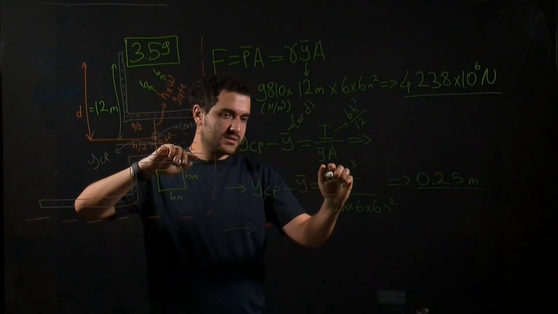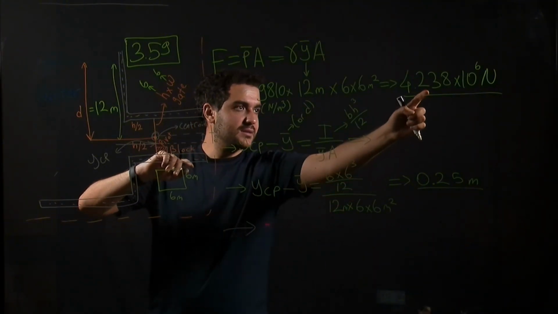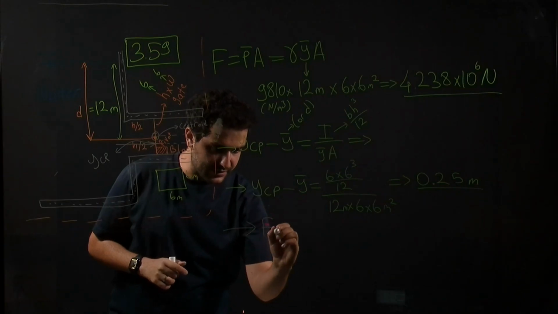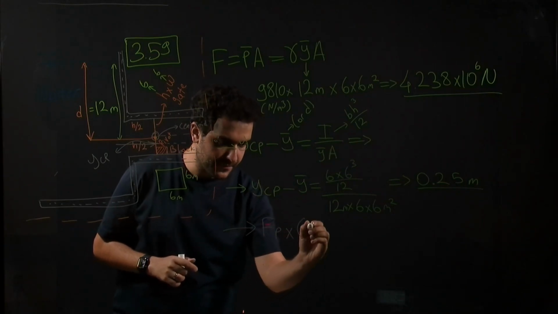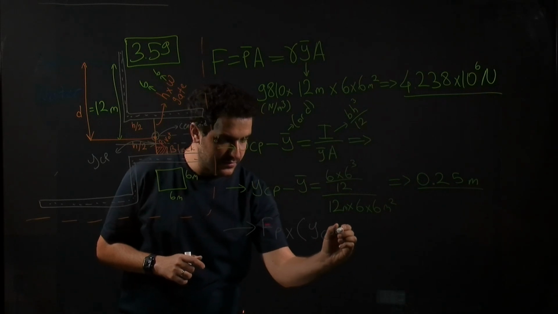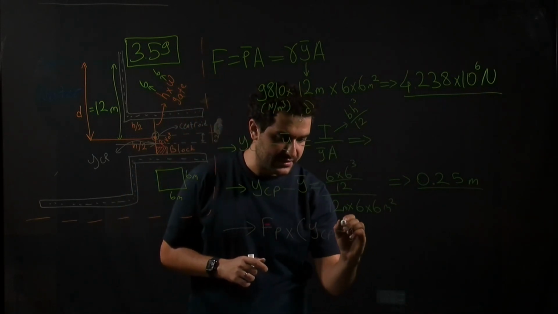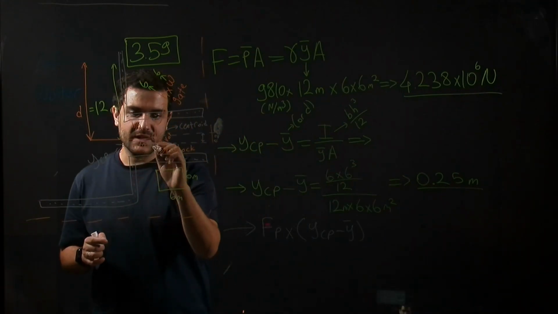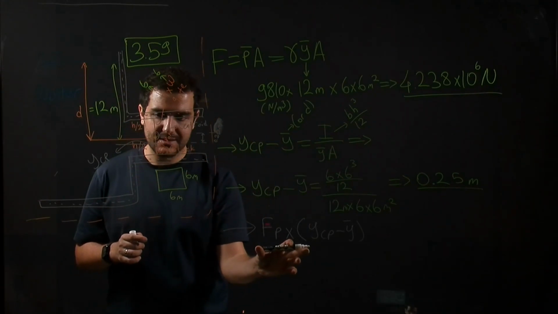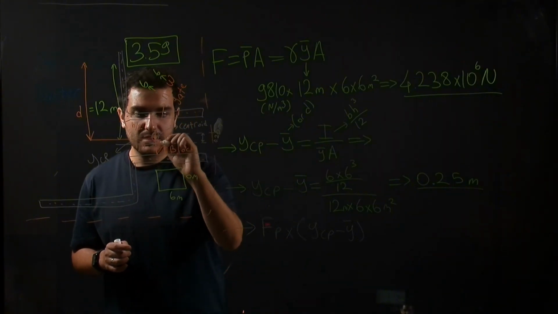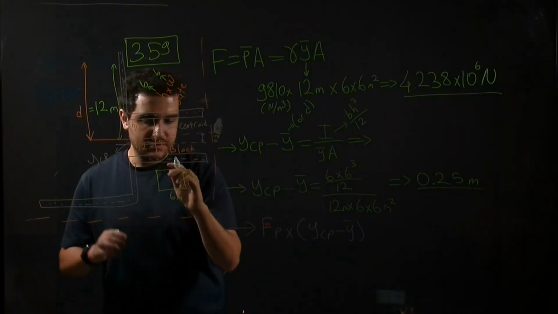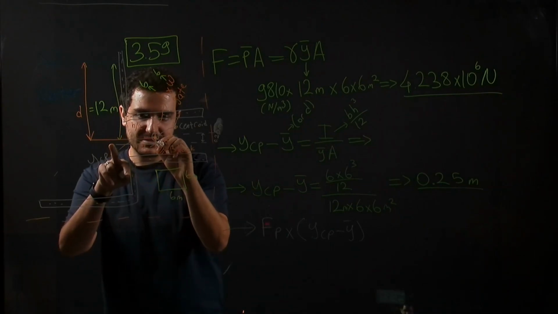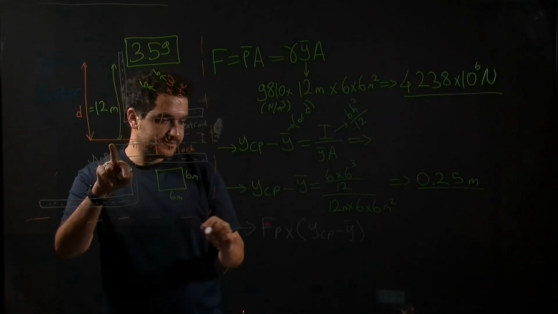So let's start with the force. The force was calculated as this value. So F hydrostatic pressure times center of pressure minus y bar. So this means that we are calculating the moment of this force of gate. The value of force times this distance to the pivot.